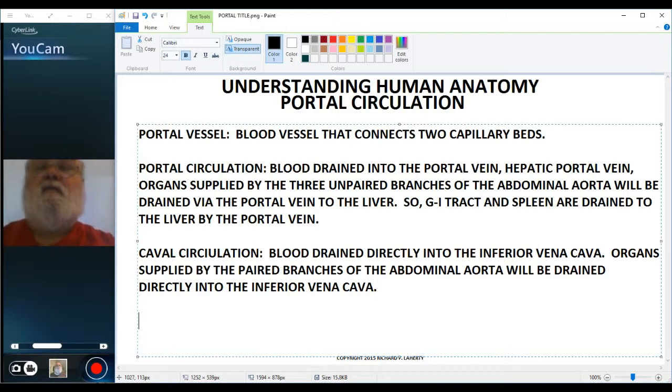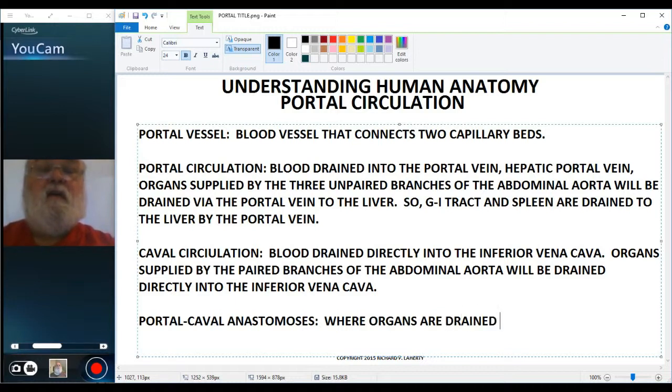Now, portal caval anastomoses are where organs are drained both into the portal vein and the inferior vena cava.